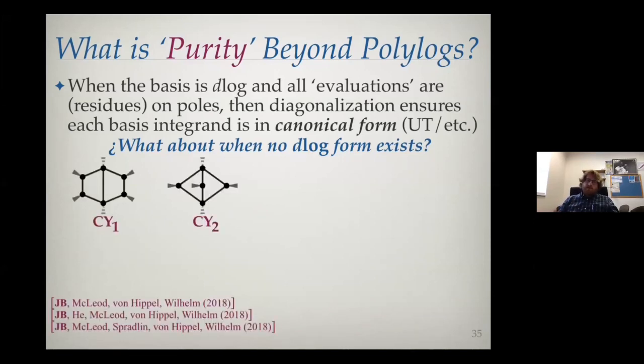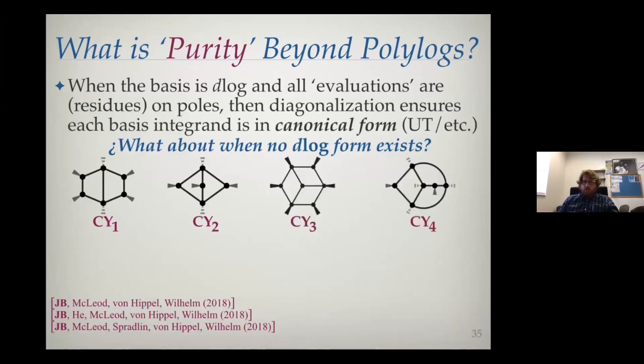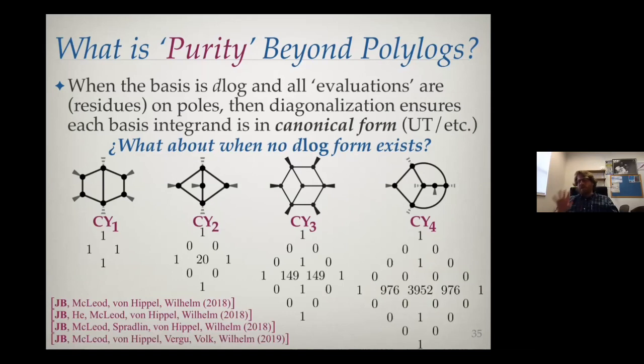Some examples of integrals in this new class of things that are worse than polylogarithmic, which Claude did talk about, are these Calabi-Yau integrals, which are relevant for planar and non-planar theories. They turn on a little bit sooner for non-planar theories, but still. We have a Calabi-Yau one-fold, an elliptic integral, a Calabi-Yau two-fold, which is K3, a Calabi-Yau three-fold, etc. And they're very special Calabi-Yaus, by the way.